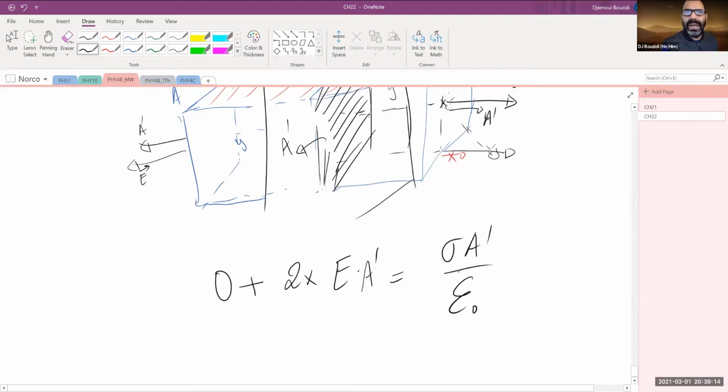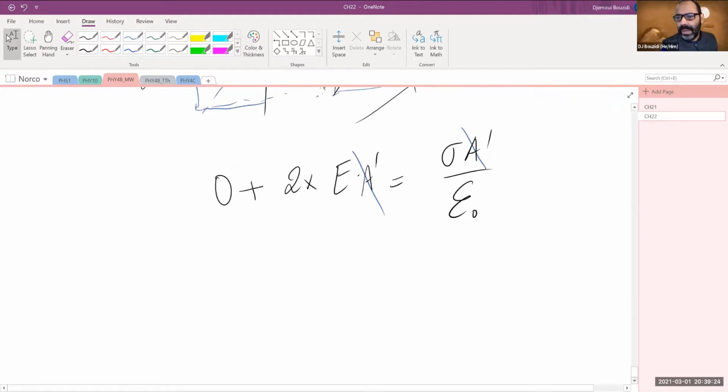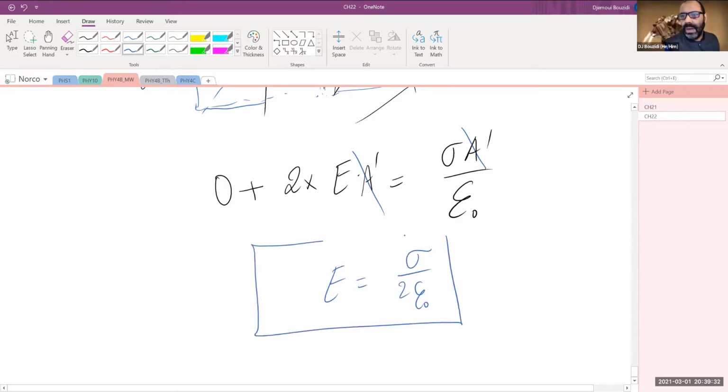And that's good, because then A prime and A prime cancel, and we are in business again, because it's not good to have the made up shape contribute. And at the end, the electric field produced by this area, E, is going to be sigma over 2 epsilon naught. And we have what we need.